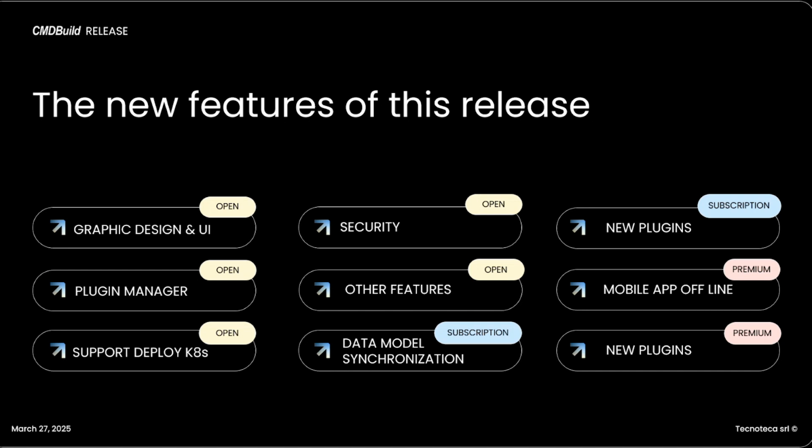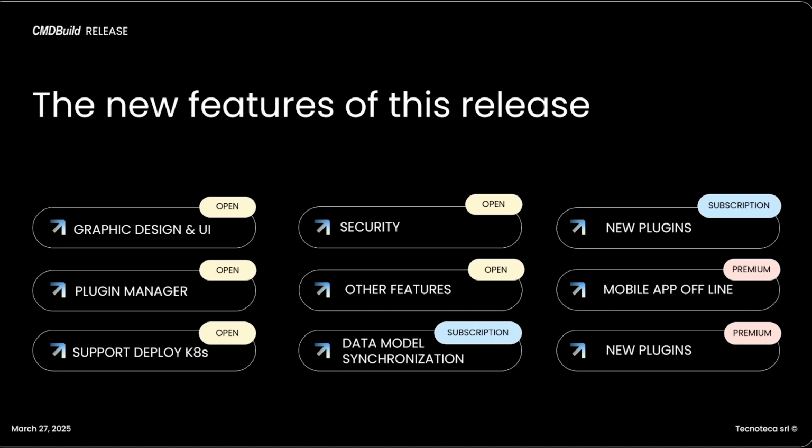Then we have subscription, and these are the functionalities included in the annual subscription support service that we offer to our customers. All subscribers have access to these features, and in this case, we include the data model synchronization and some new plugins.